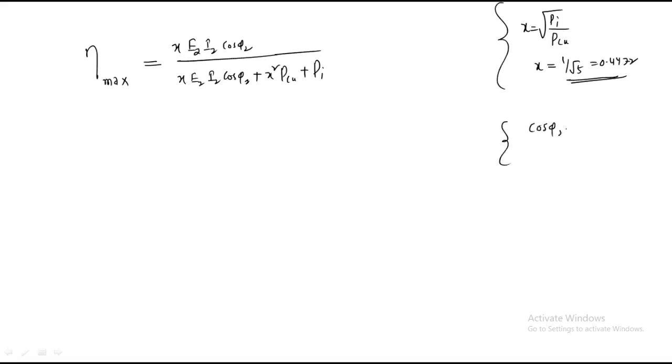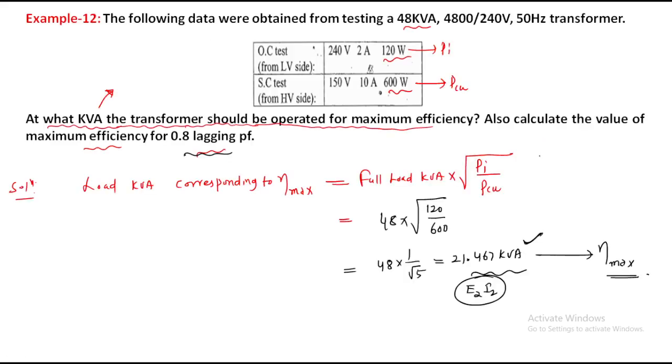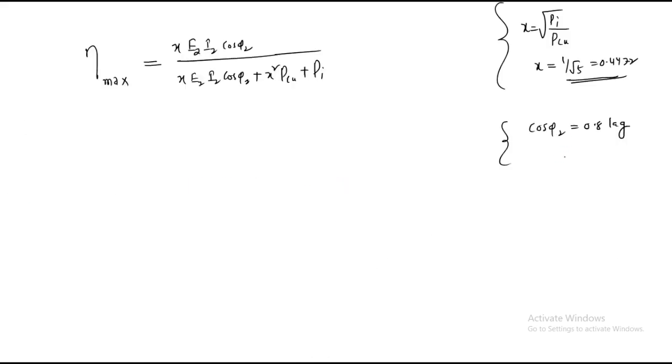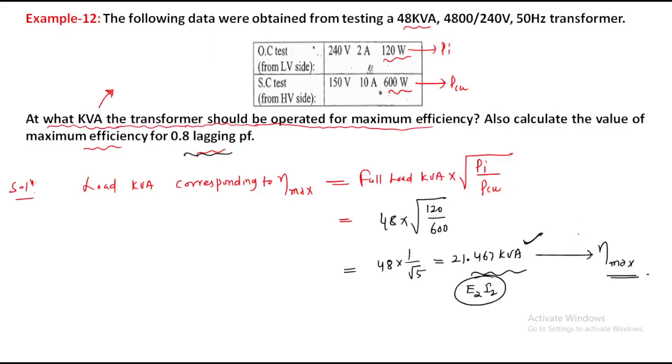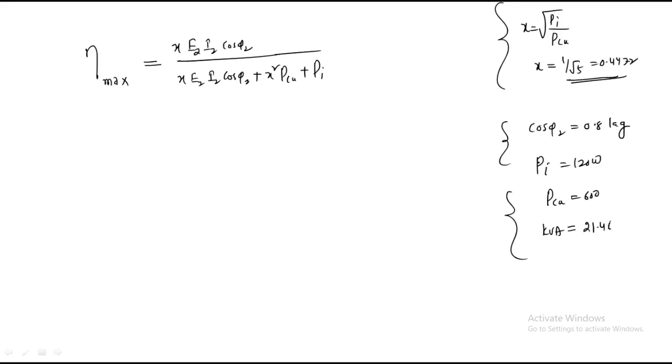Given cos phi 2 is 0.8 lagging, and given Pi is 120, PCU is 600, and kVA is 21.467. That's it. Very simple formula. Then substitute all this data into this equation, and we are going to get the maximum efficiency.